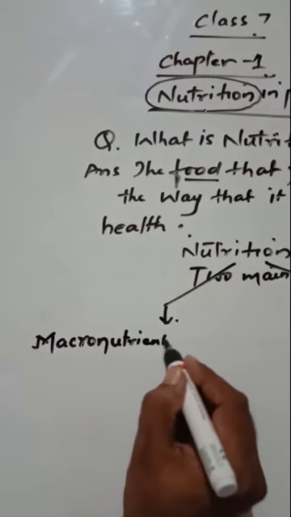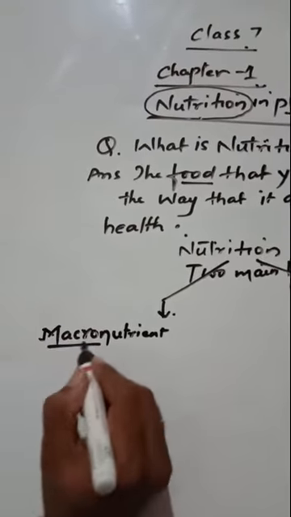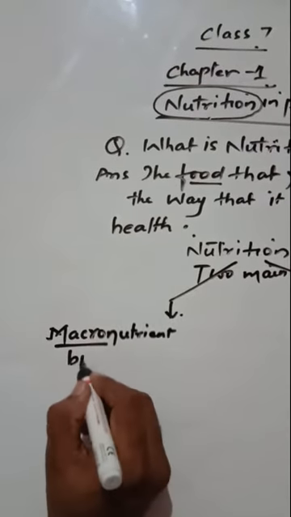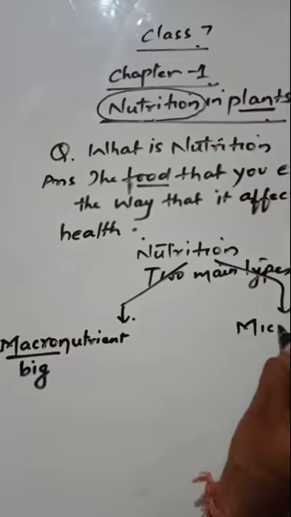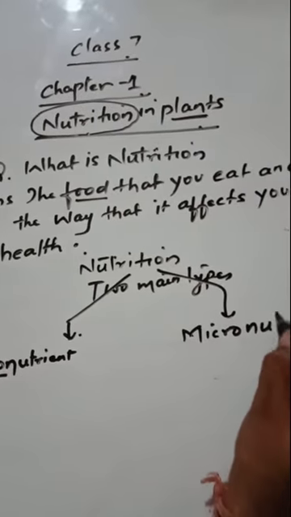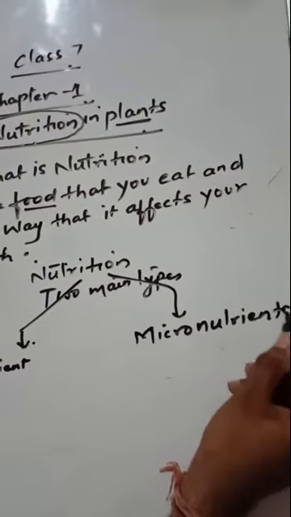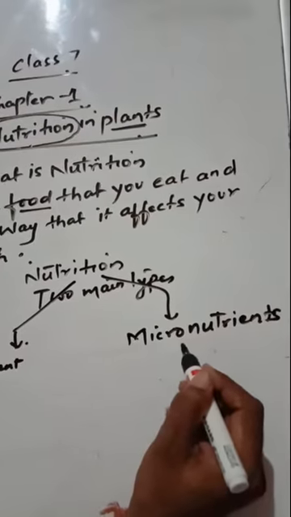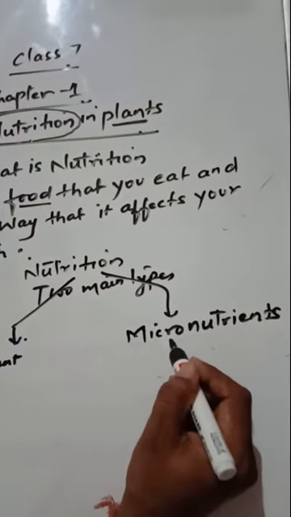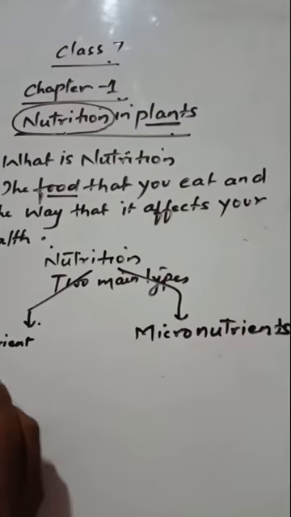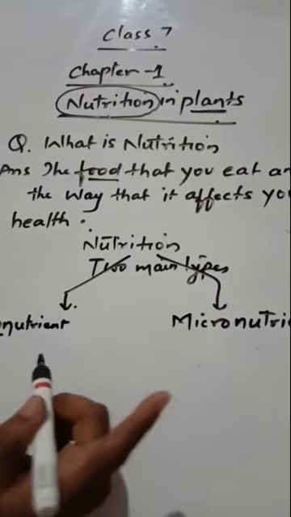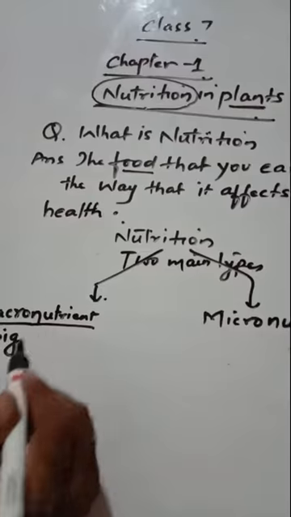Macro means big, large, in huge quantity, and the other is the micronutrients. They are essential for our body, but their requirement is very small, but they are essential for the proper growth of our body.